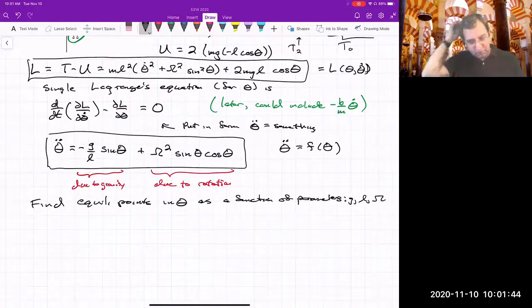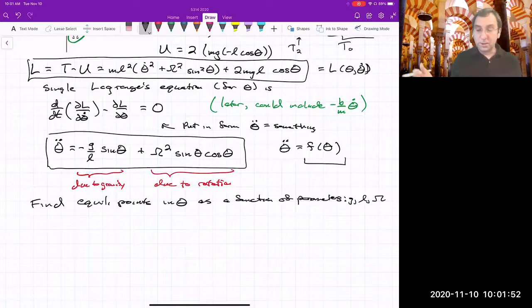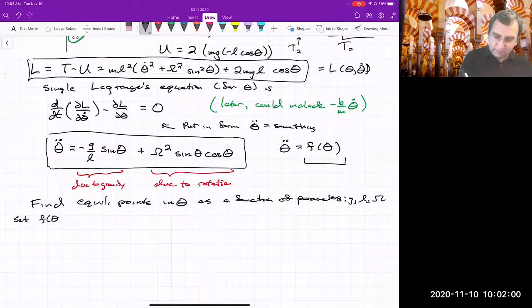So what does that mean? Well, this right-hand side, we've written the right-hand side as F of theta. Set F of theta equal to 0. And what do we get?